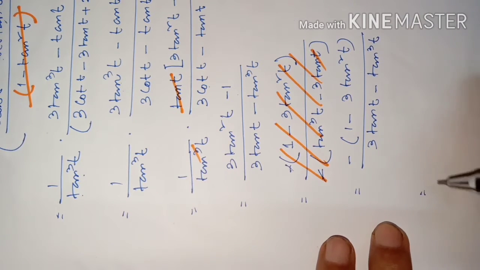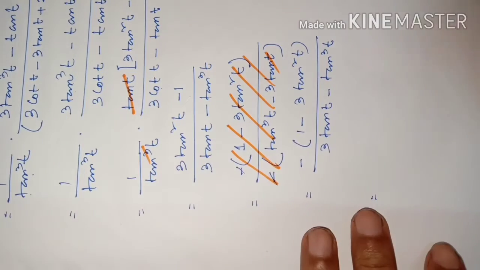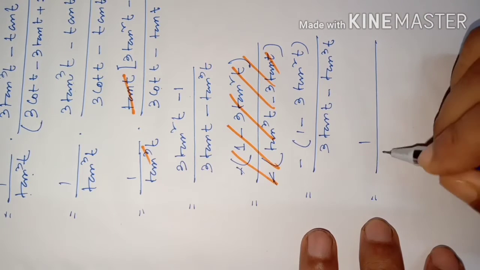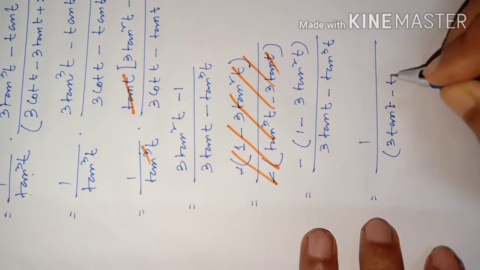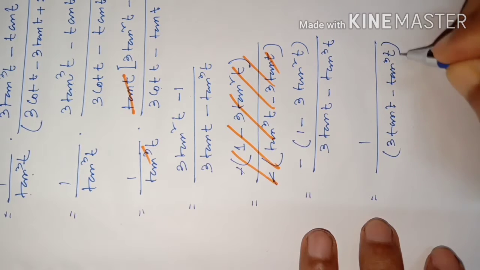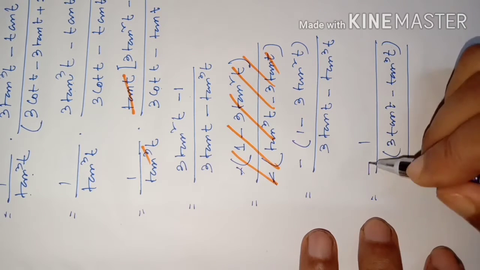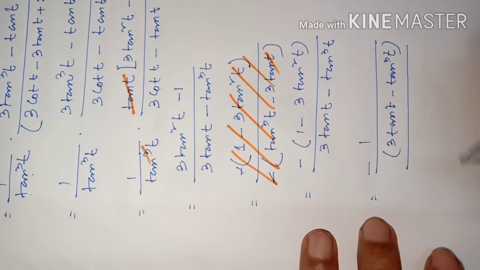Now this can be written as 1 divided by, if we write it as 1 divided by this one as numerator, 3 tan t minus tan cube t divided by minus, this minus is left here only, then divided by this will be 1 minus 3 tan square t.